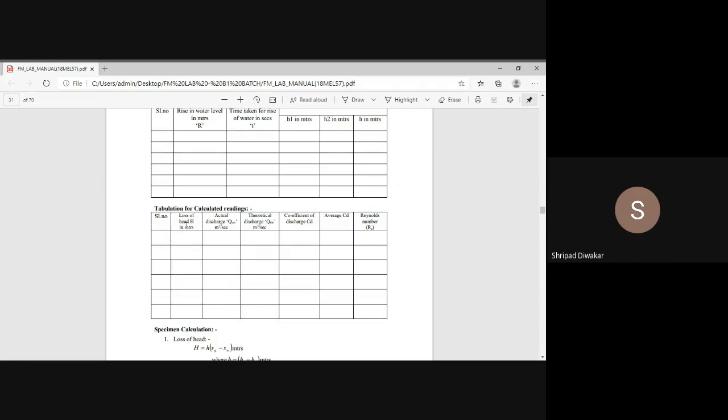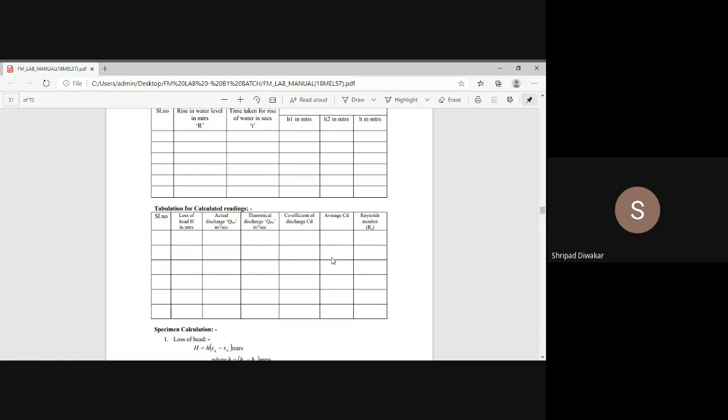First one is loss of head, that is small h into (Sg minus Sw), Sg is the specific gravity of mercury minus specific gravity of water, into small h. Actual discharge is A into R divided by T, capital A into capital R divided by small t. Theoretical discharge, that is A1 A2 square root of 2gH divided by square root of (A1 square minus A2 square).